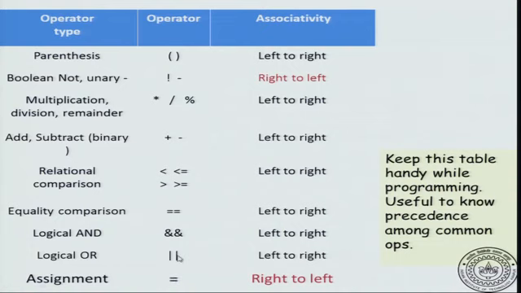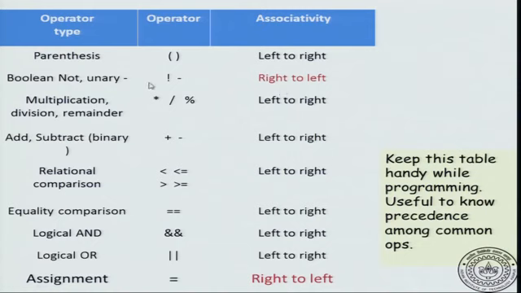We have seen all these operations so far, and of these, the typical associativity is left to right. There are a couple of exceptions. One we have already seen, the assignment operation is right to left. The unary operations are also right to left. Most of the other operations are left to right.